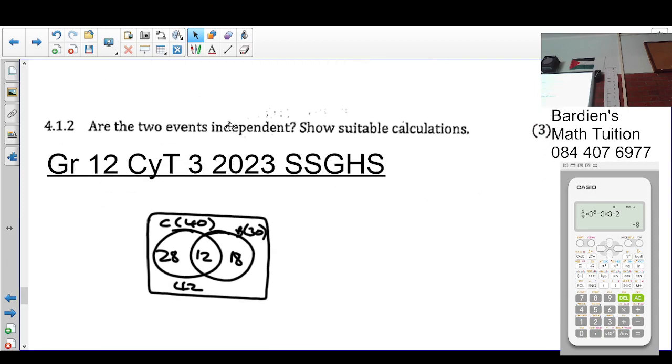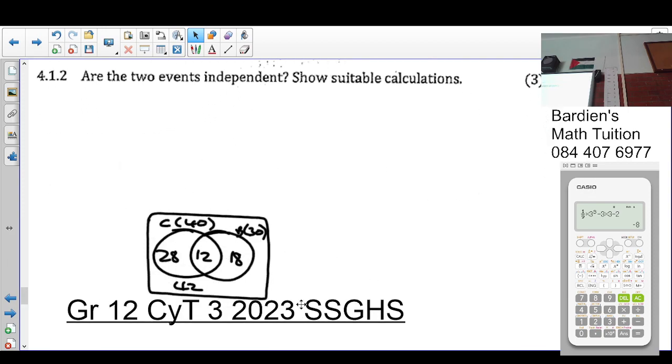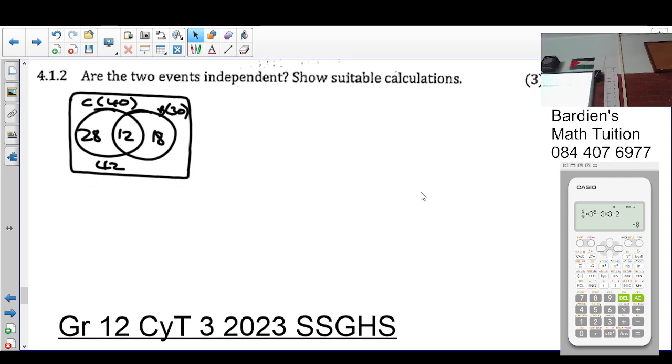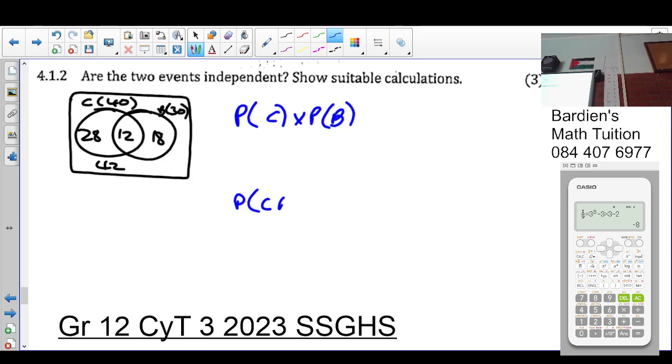Are the two events independent? The question says, show all suitable calculations. For independent events, we know that the probability of C times the probability of B must be equal to the probability of C intersection B. If they are equal, then they are independent. If they're not equal, they are dependent or not independent. Okay.